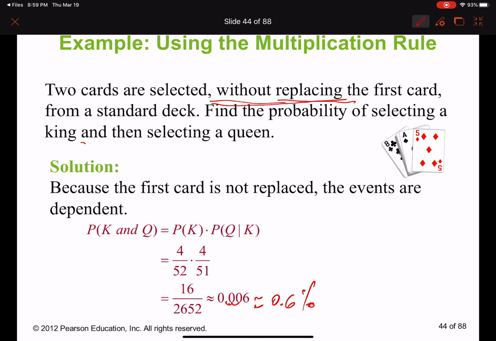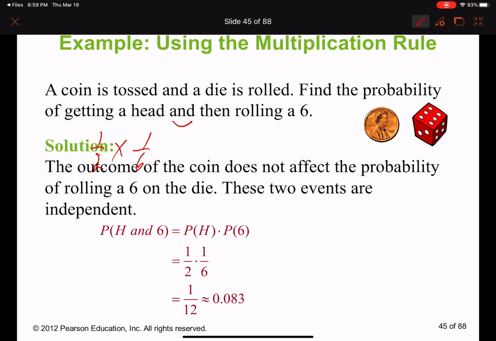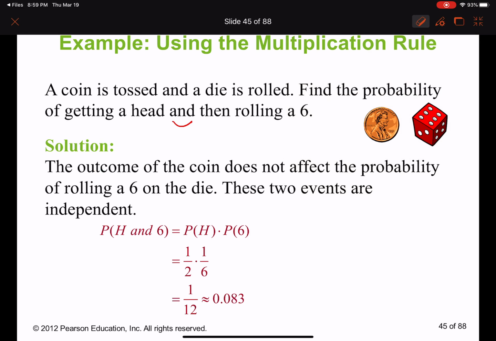So the probability of head and 6: head is 1/2, and rolling a 6 is 1/6. So we get about 8.3%. Moving by two positions, 1, 2, and get 8.3%.